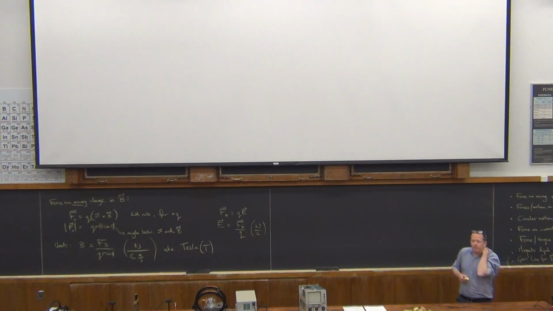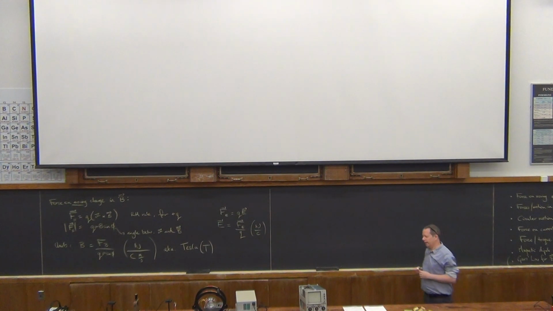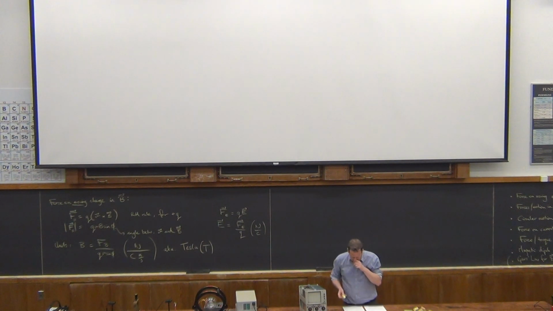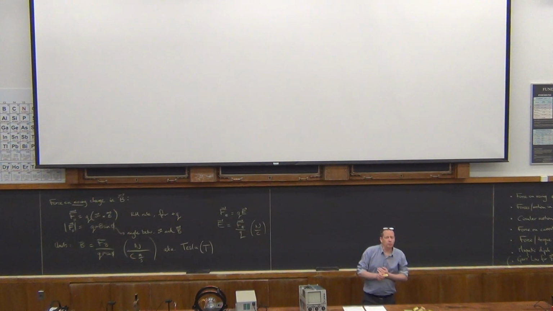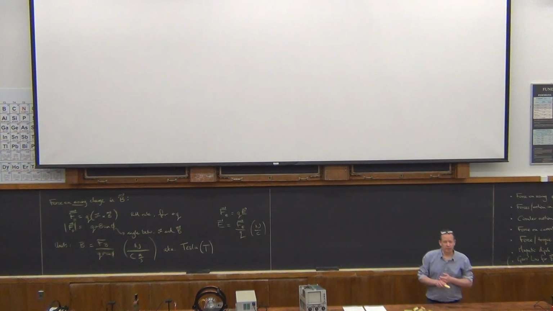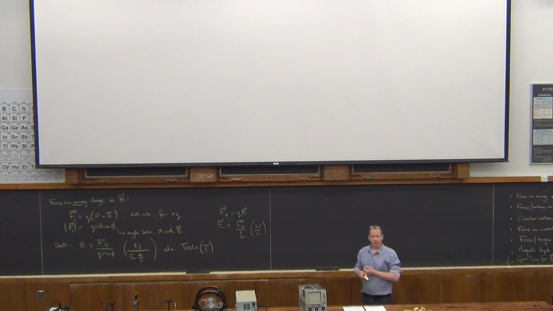A few weeks back I tried to give you a sense of scale for electric fields or common types of situations, so it's not a bad idea to do something similar for magnetic fields. Where have we experienced magnetic fields? Well, the Earth's magnetic field would be one case. Anyone happen to know the order of magnitude, ballpark, of Earth's magnetic field?